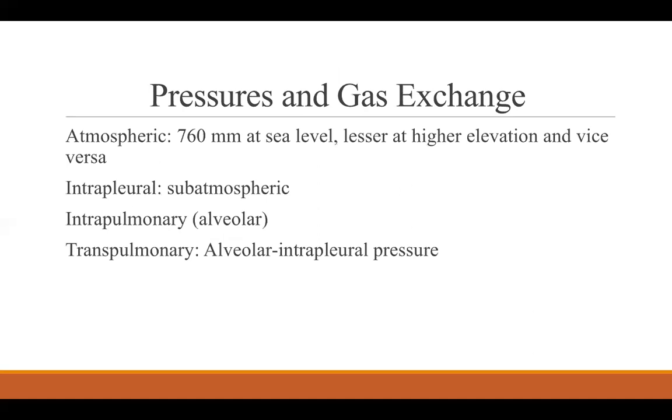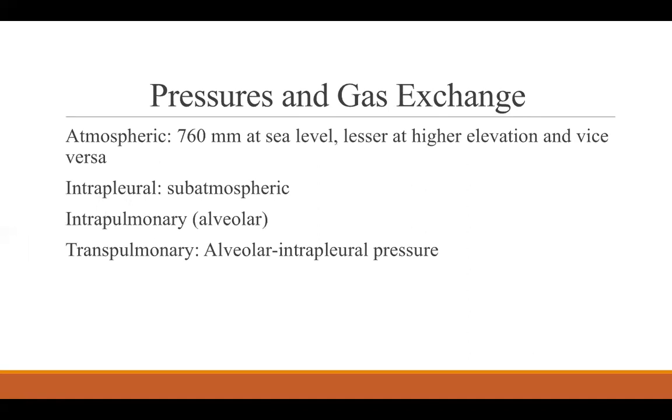Now, we need to deal with a number of different pressures during ventilation. All right, we already talked about atmospheric pressure. Well, then the pressures within the chest cavity could be organized into intrapleural pressure and intrapulmonary pressure. Intrapleural pressure is also discussed already, the pressure that exists at the pleura.